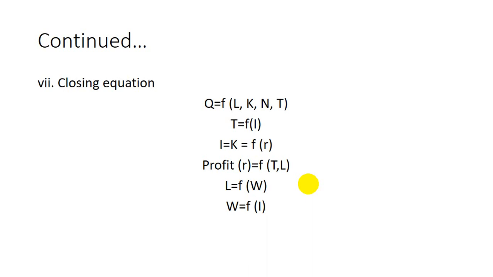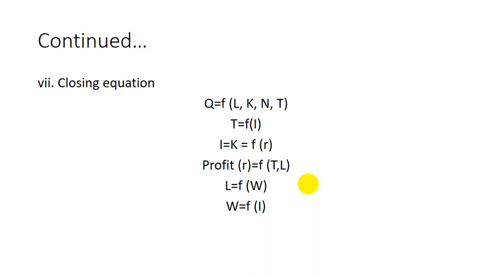The system is determined when the number of unknowns equals the number of equations, and the operational function of the firm, where quantity or output is equal to the profit and wage fund. That is, the output is the sum of the profit and wage together.